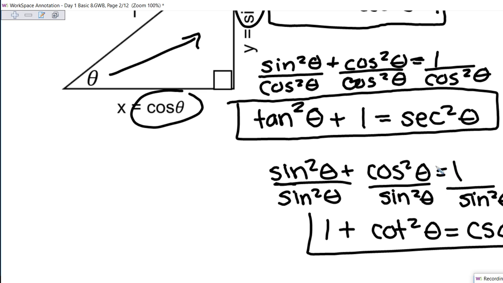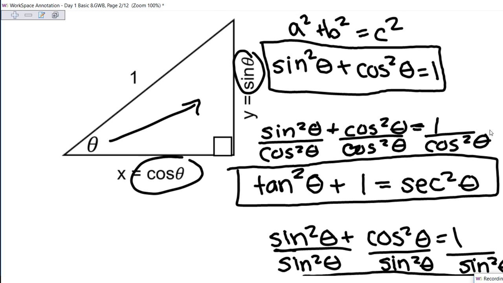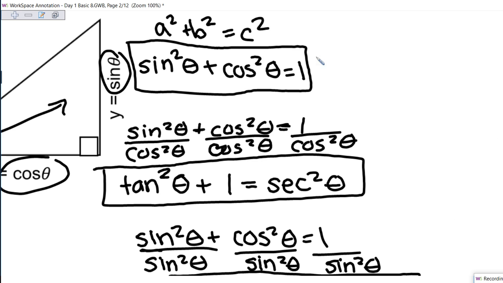And that's not all. We need to see 2 more versions of this. Okay, so let's start over with the main identity. Sine squared plus cosine squared is equal to 1.